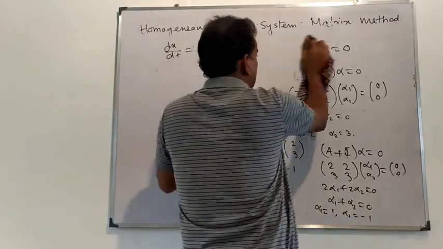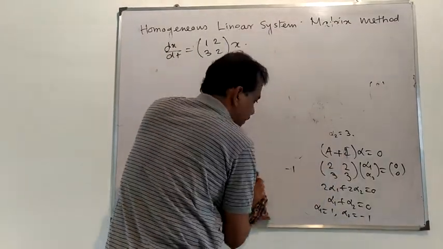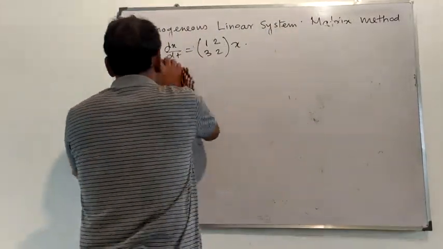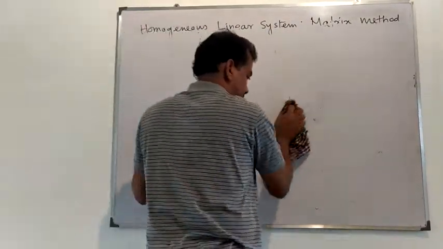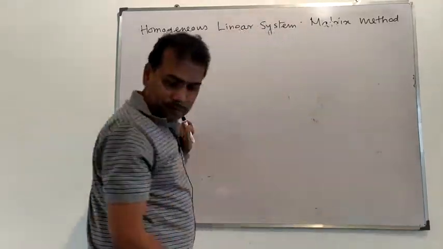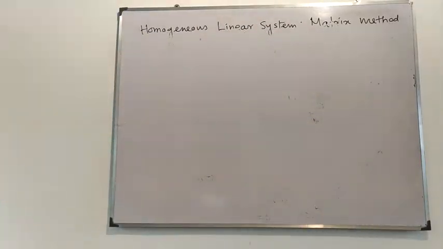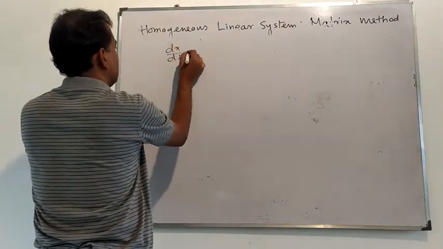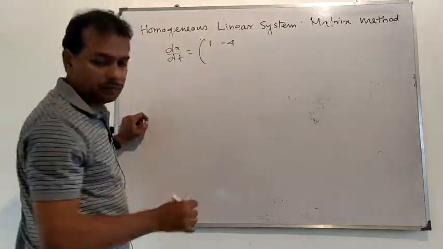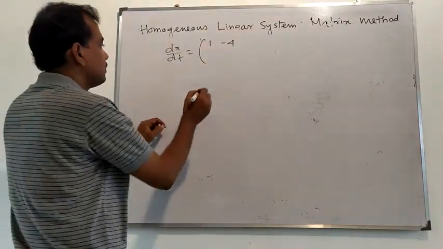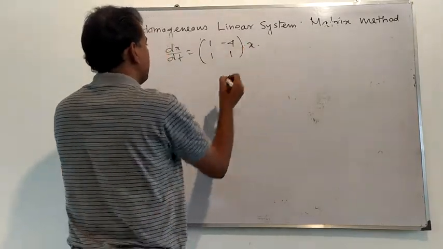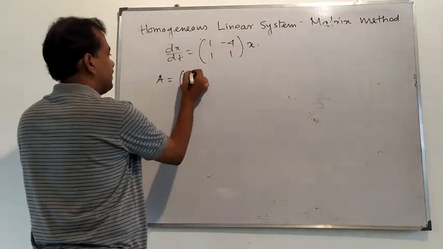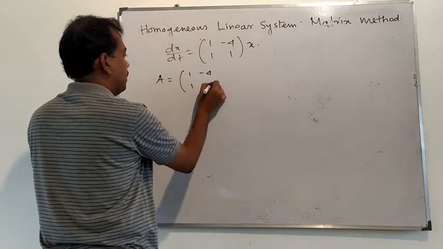Now we give an example where lambda 1 and lambda 2, that is two eigenvalues, are complex numbers. Here matrix A is equal to (1, minus 4; 1, 1).